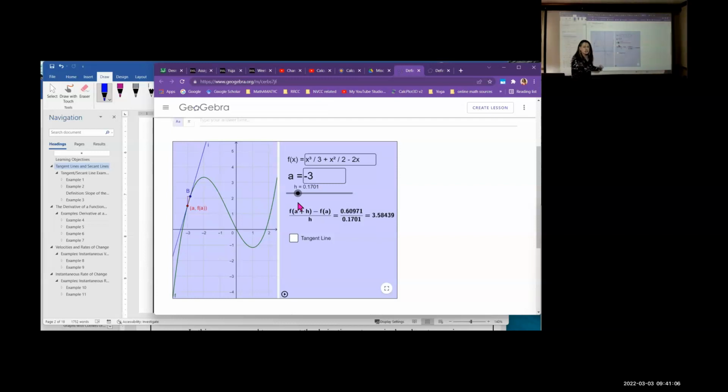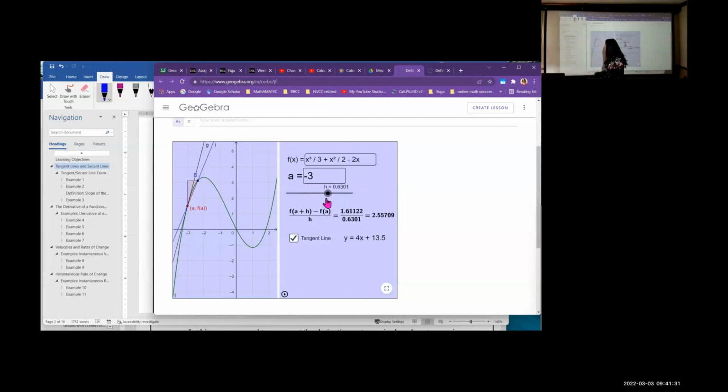Now the question is, as H gets smaller and smaller, it approaches the graph of the tangent line, which is of course graphed here in, I think, blue, or green, it's hard to tell. So let me move H out a little bit so I can tell. In black. So the tangent line is in black. The secant line is in blue.